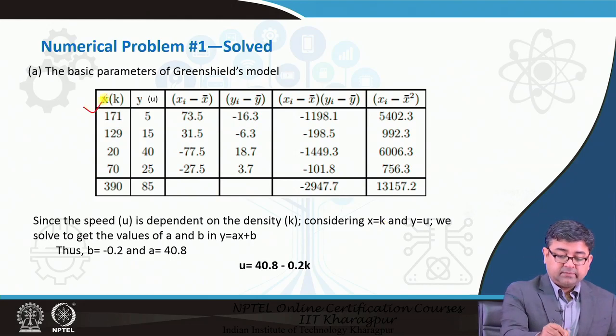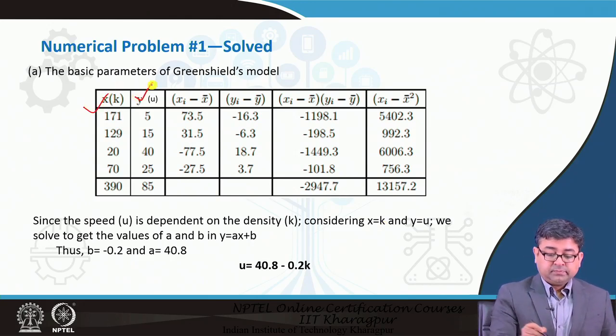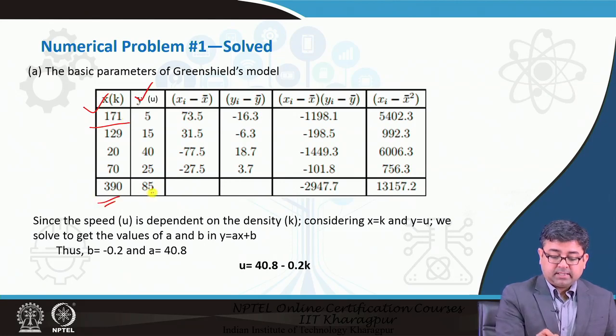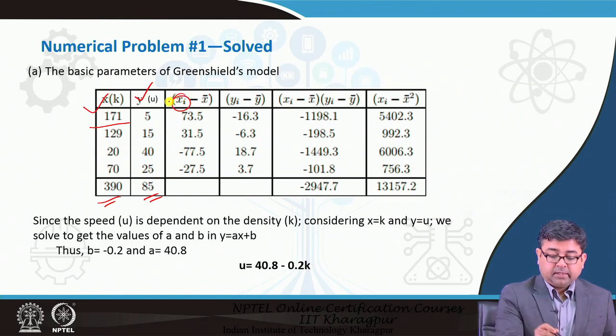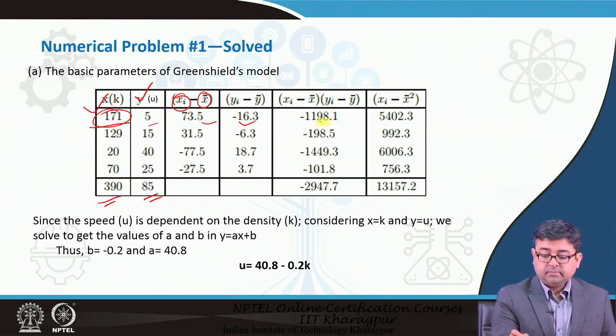So, we have the x values and the y values. First, we sum all the x values, we sum all the y values and find out the mean of x and mean of y. And then for each row we take the x value, subtract its mean, we take the y value, subtract its mean, and we have the product of those two columns.